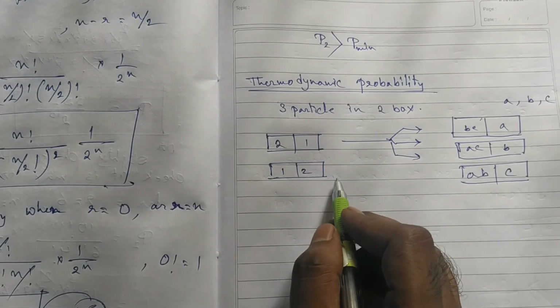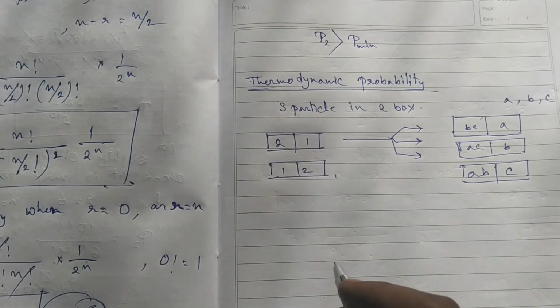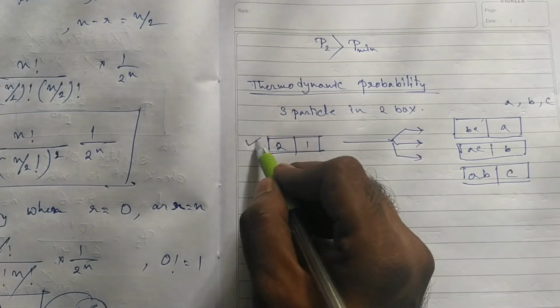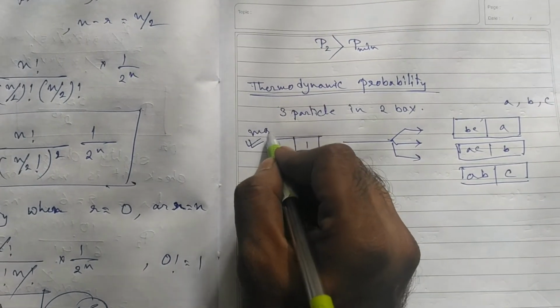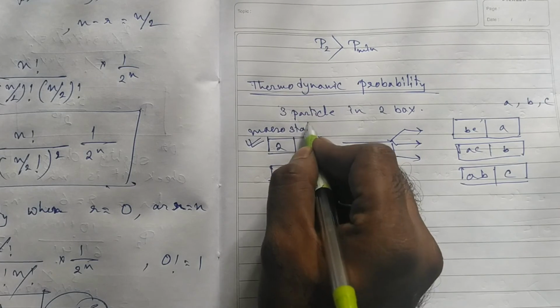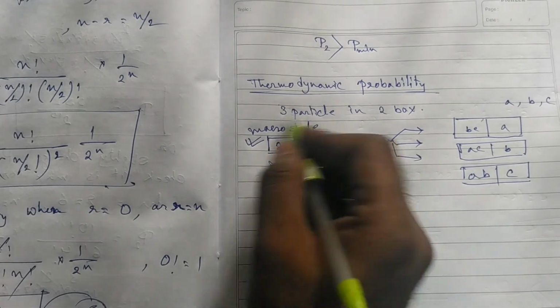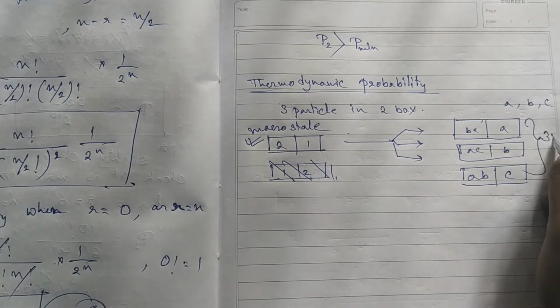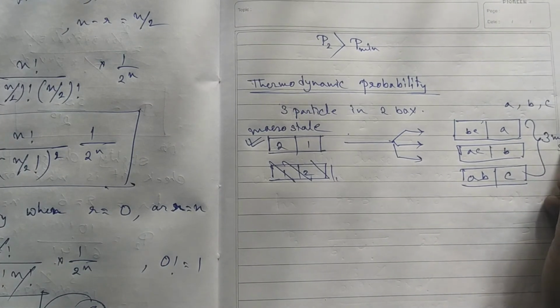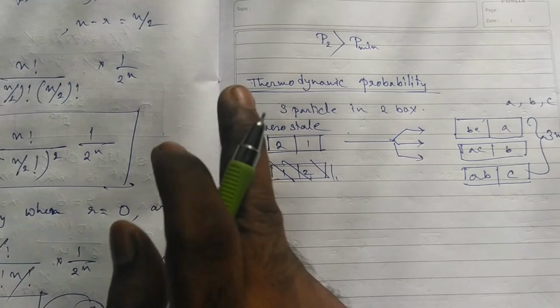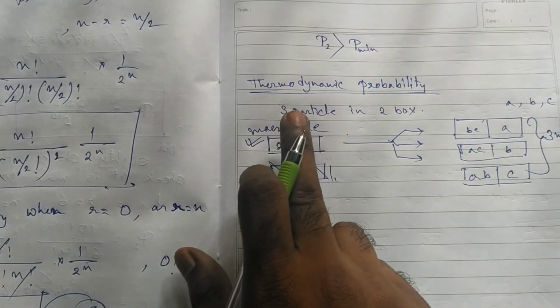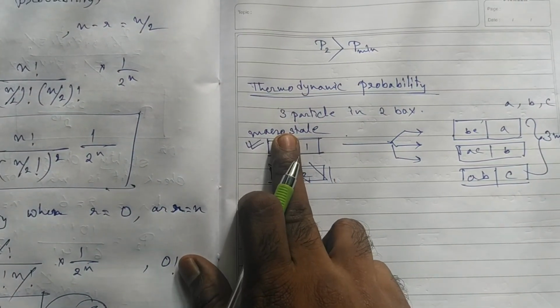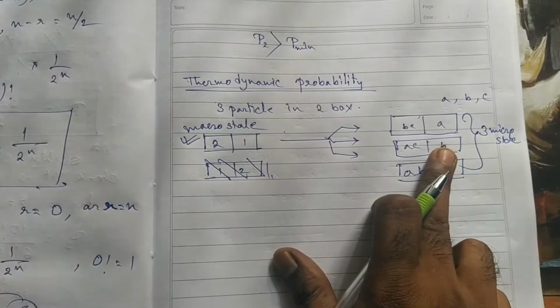Similar things happen here, oppositely. So for this macrostate, we have 3 microstates. For each macrostate, I have 3 microstates.